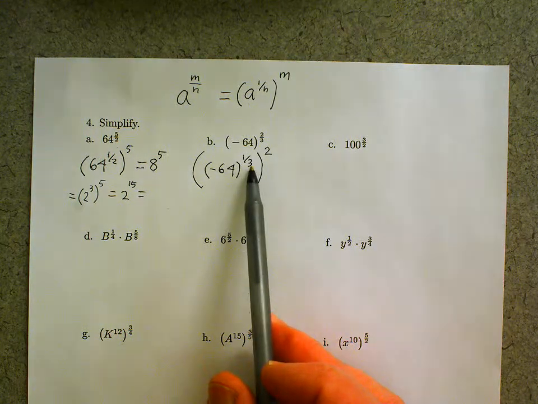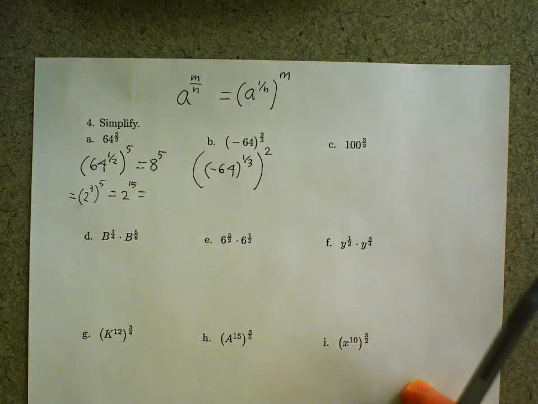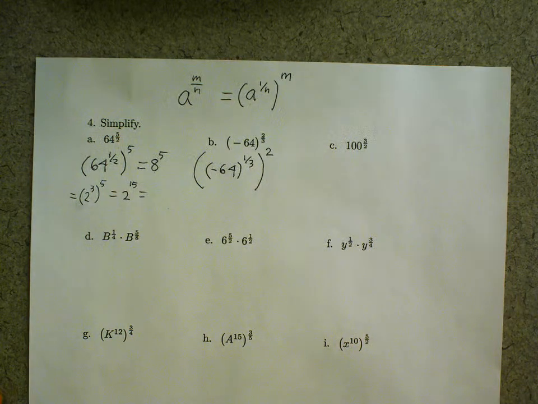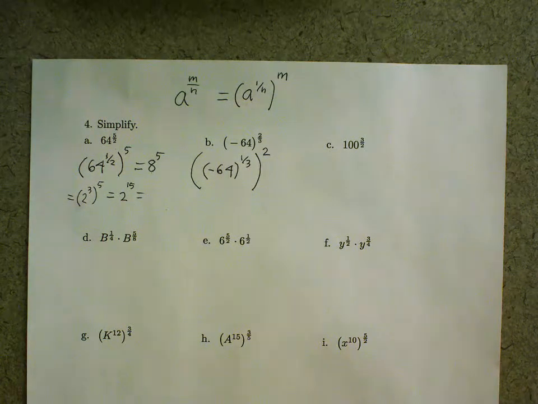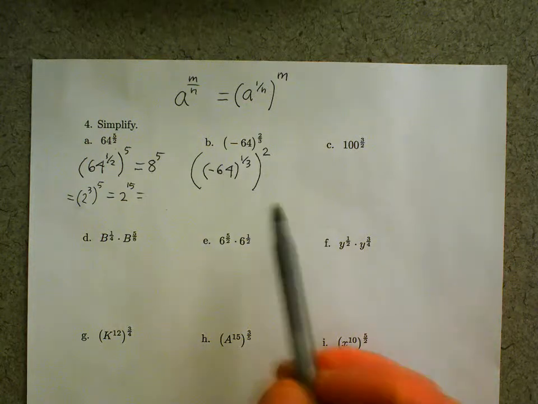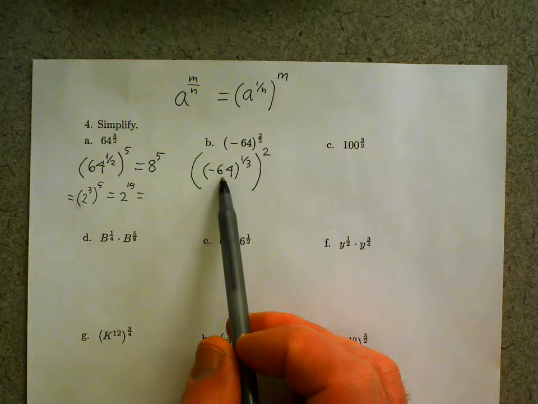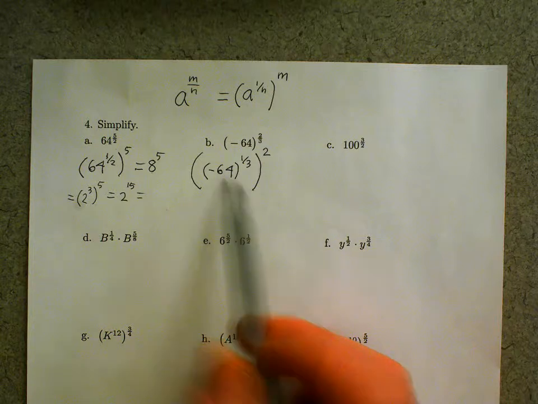Okay, the cubed root of negative 64, what's that? -4. Yeah, -4. The cubed root of negative 64 is -4.